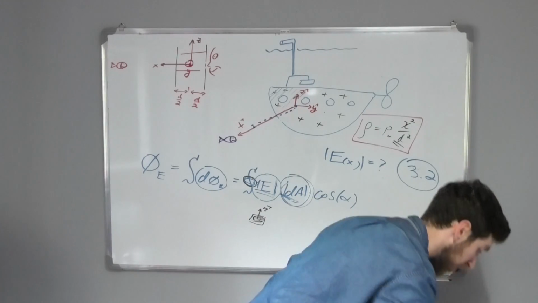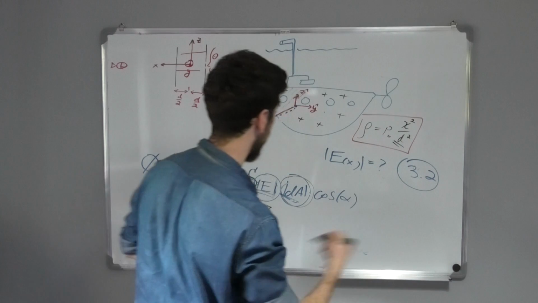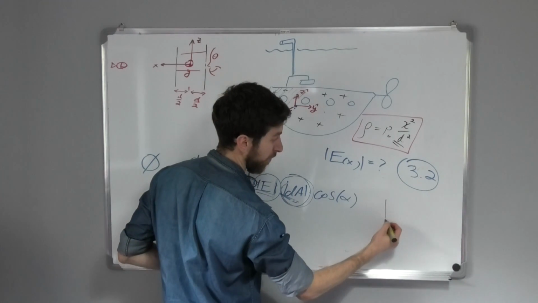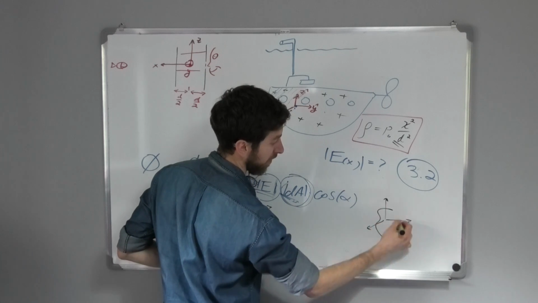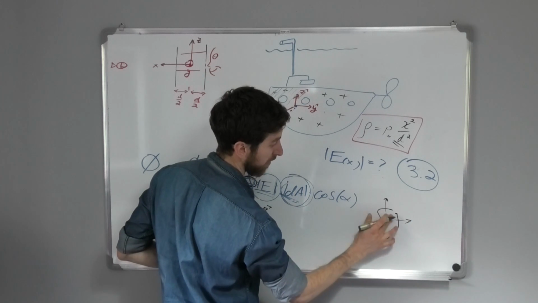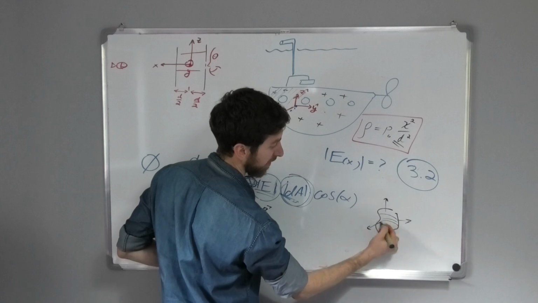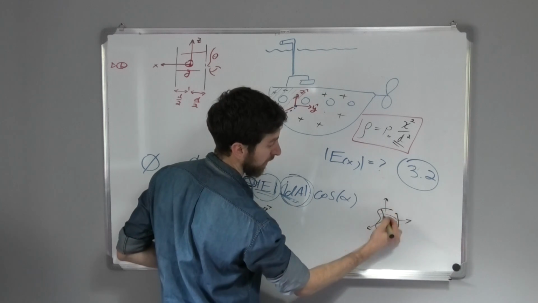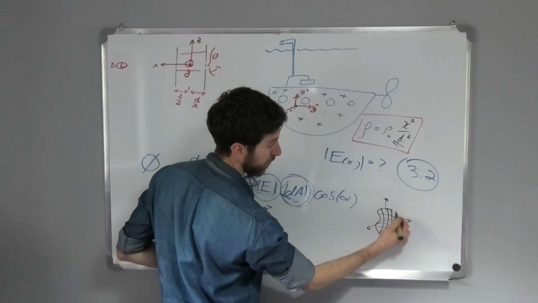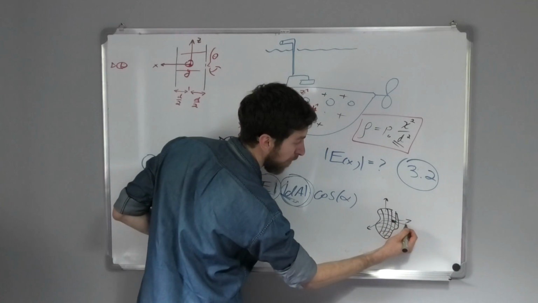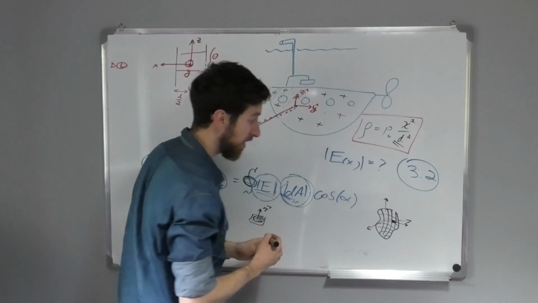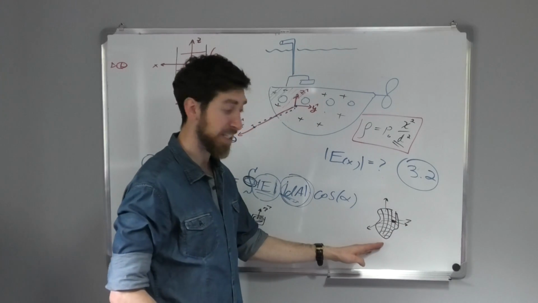Okay? Let's draw it. For example, here is some random shape, and I can split this shape into small puzzle pieces. This is dA, and dA is pointing in some direction, and this exists in the world.